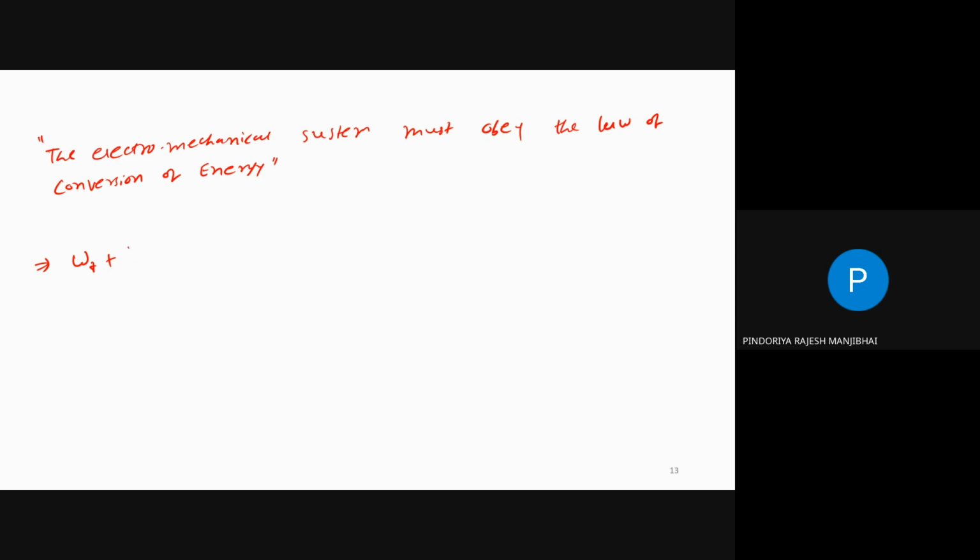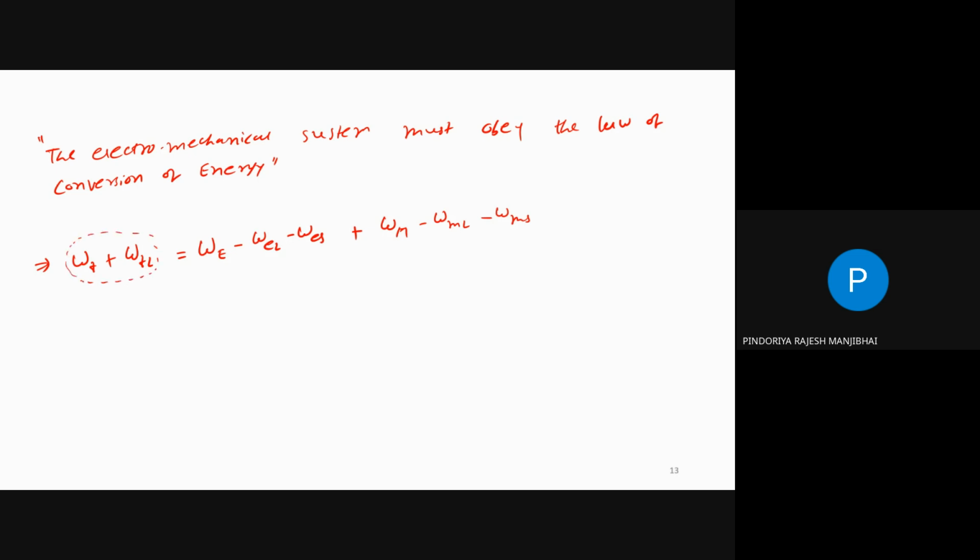WF plus WFL is equal to WE minus WEL minus WES plus WM minus WML minus WMS.